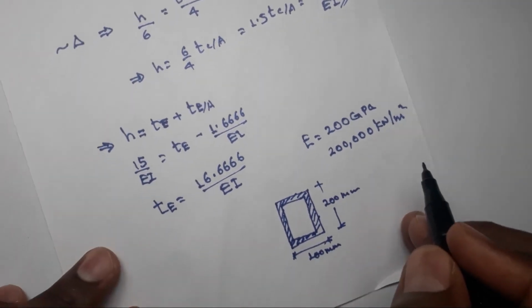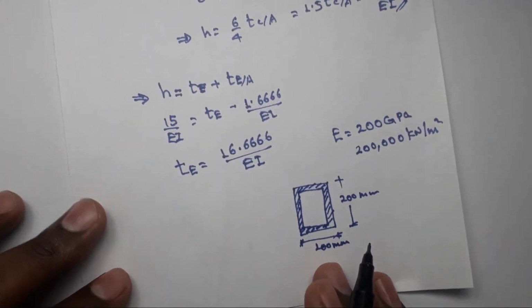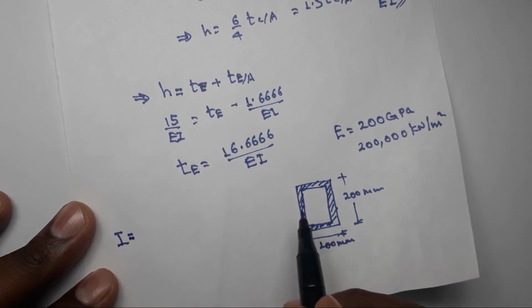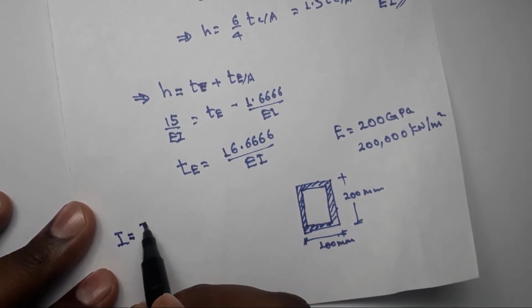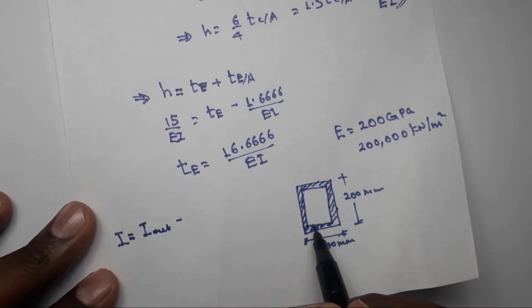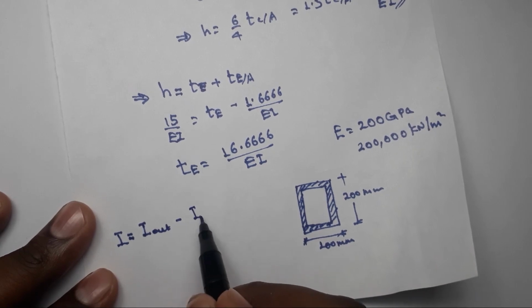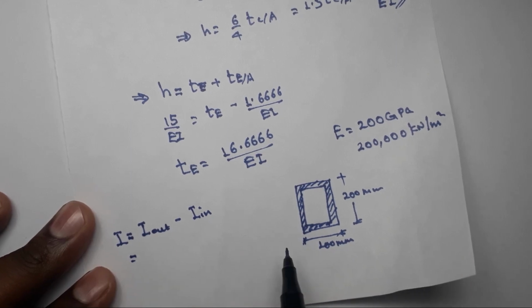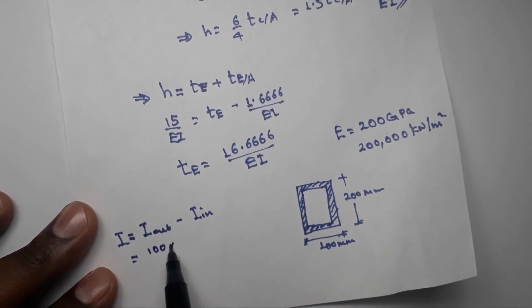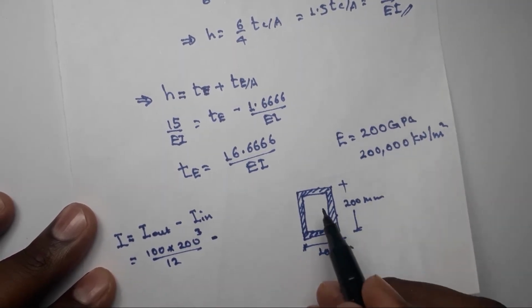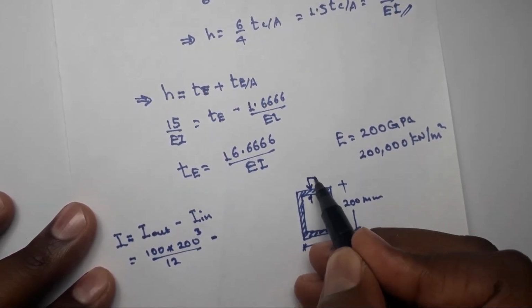So the actual moment of inertia will be equal to the total moment of inertia, let me call it I out, minus the inner moment of inertia, because it's a hollow, I in.